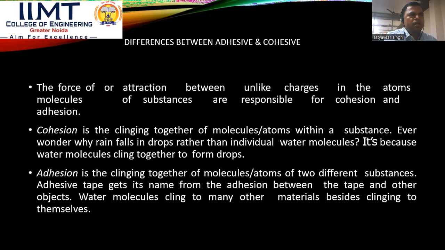Ever wonder why rain falls in drops rather than individual water molecules? It's because water molecules cling together to form drops. Adhesion is the clinging together of molecules or atoms of two different substances. Adhesive tape gets its name from the adhesion between the tape and other objects. So water molecules cling to many other materials besides themselves.